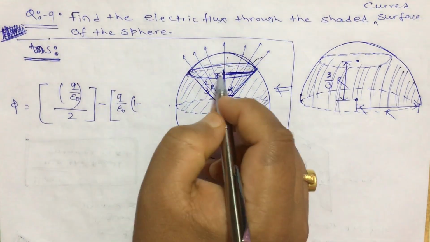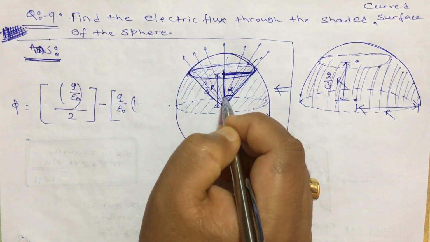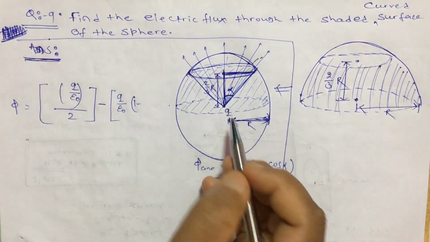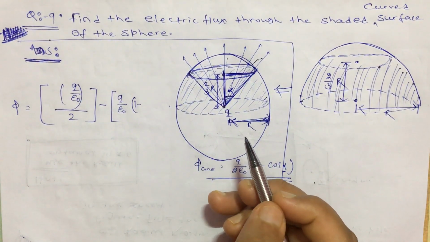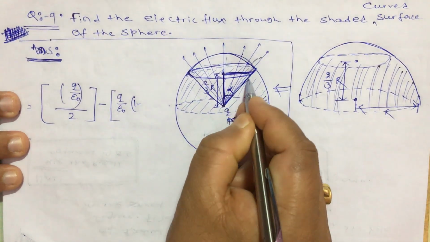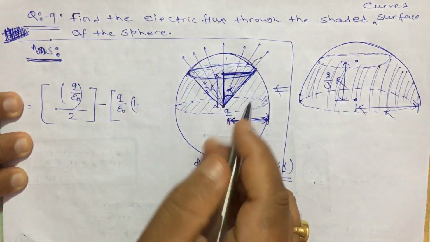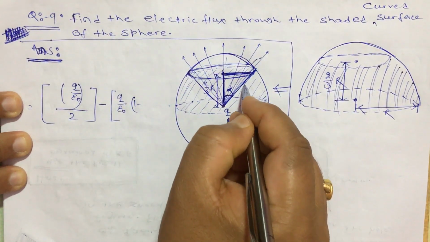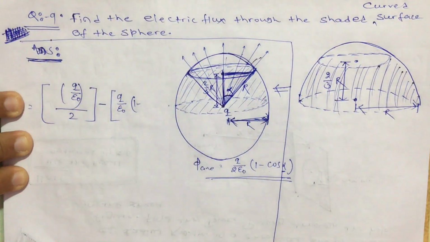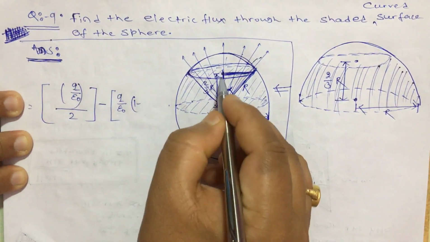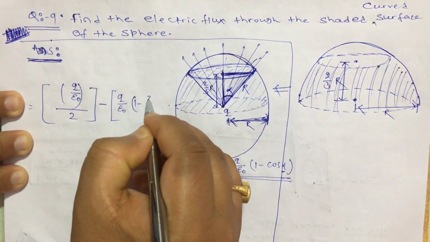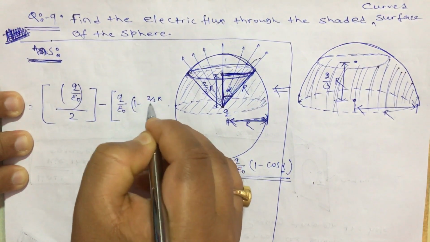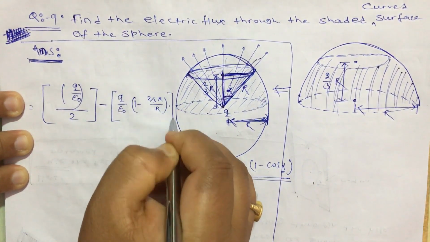Alpha is the half angle. For this cone, alpha is here, and cos alpha we can write as base by hypotenuse. Because it is a hemisphere, this part is going to be the radius r, so cos alpha is 2 by 3r divided by r.